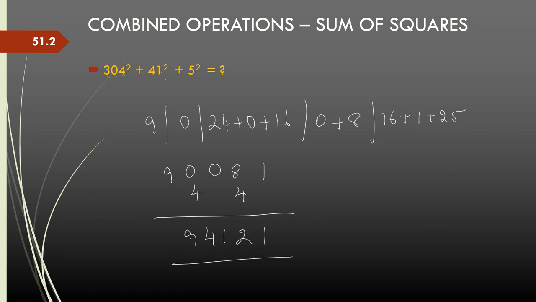Now it's very easy to do this if we remember the duplex method. For example, the square of 304, this is what I used, is D of 3, then D of 30, then D of 304, then D of 04 and D of 4. That is what I was using as I calculated the parts.